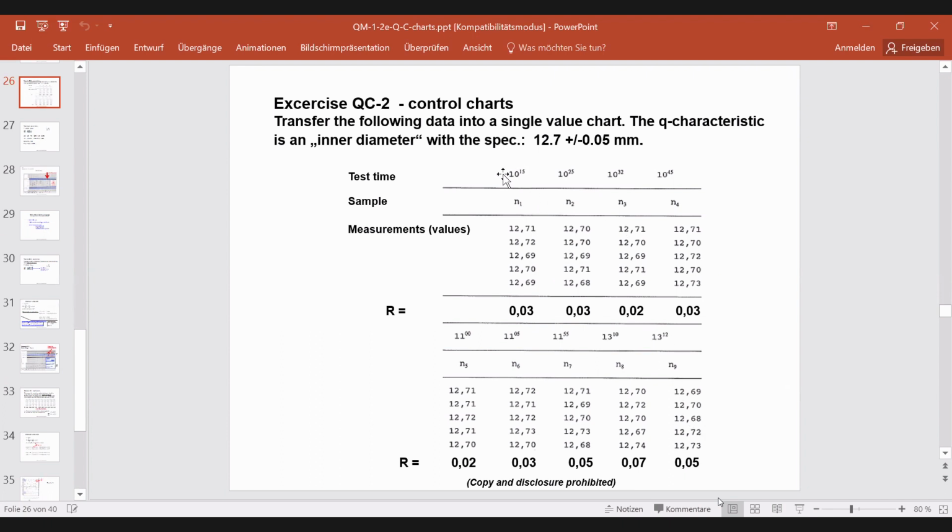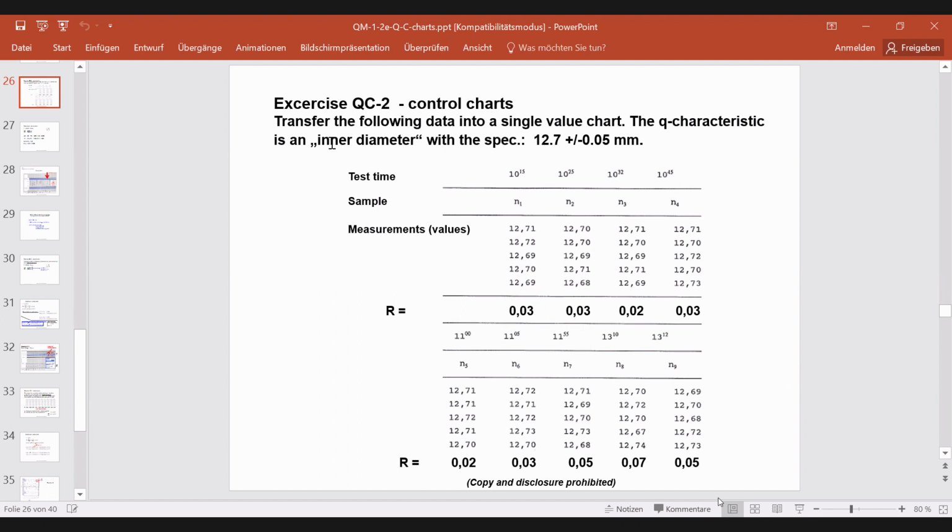And here you see when they had taken the samples out of the production, it was at 10:15. The next sample here was taken out at 10:25. So a lot of samples in a short time. Maybe this was a test run. Here at 10:32, at 10:45, and so on. So here you see the test times when they took the sample out of the production. And here you see the ranges of every sample.